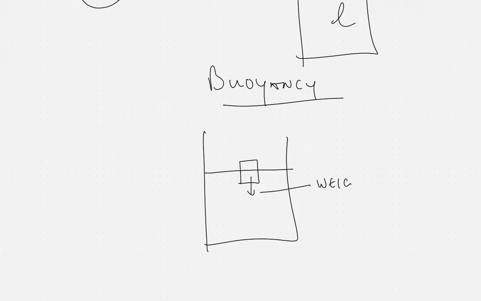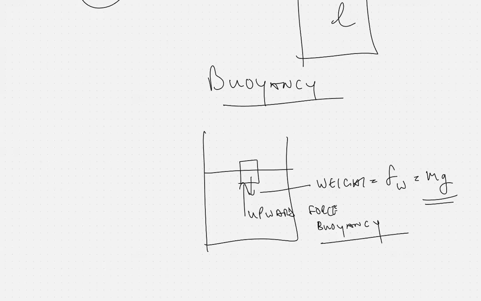To compensate for that, there is an upward force, a force exerted by the liquid. That's called buoyancy. And when something is buoyant, that means it's floating. There's an upward force.